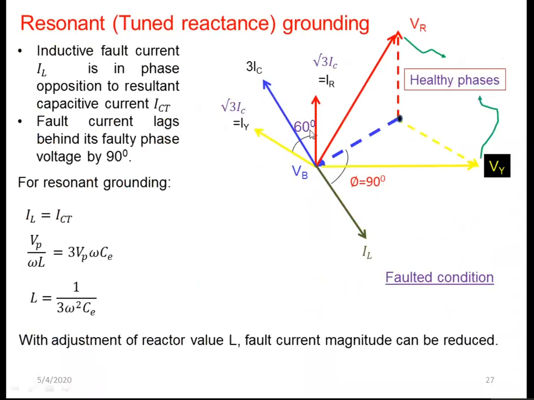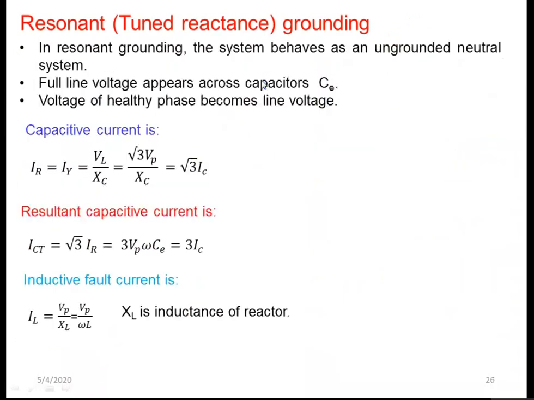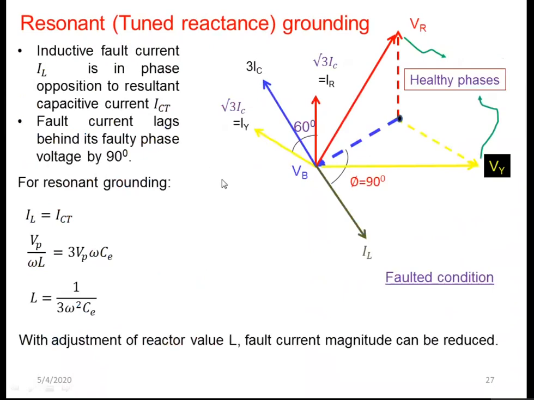So as referred in this phasor diagram, we said that the resultant capacitive current is the phasor sum of the capacitive current flow in the phases R and Y, which are the healthy phases here.